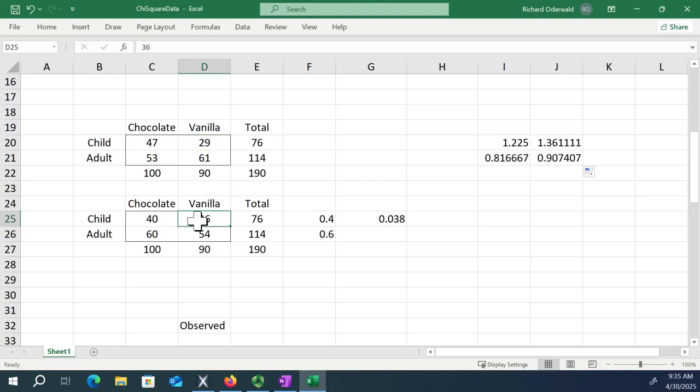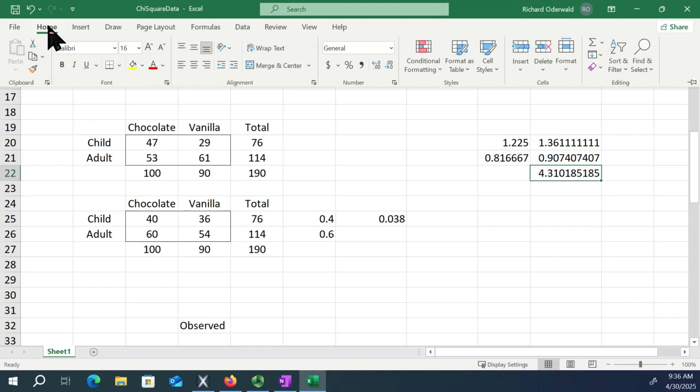Observed minus expected squared divided by the expected 36. Then I'm going to add these up. Get the sum of all of those things. And there is the actual chi-square value for this test, 4.31.